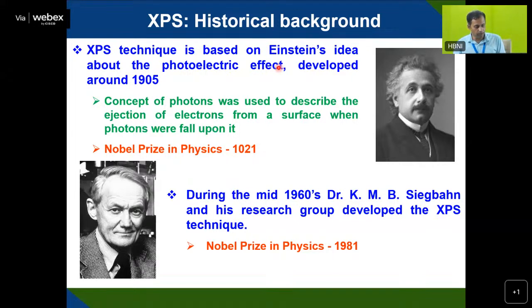For the discovery of the photoelectric effect, Einstein won the Nobel Prize in 1921. During the mid-1960s, Dr. K.M.B. Siegbahn and his research group developed XPS techniques. The first XPS was developed by Siegbahn, and he won the Nobel Prize in 1981 for this discovery.